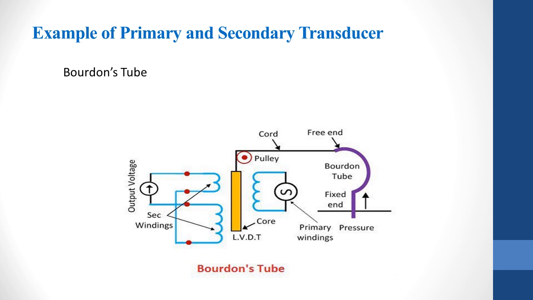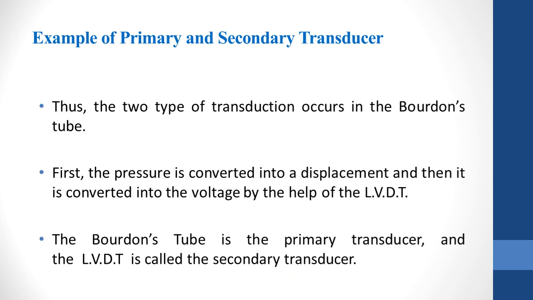So the core will alter the flux so we can get the electrical output on the secondary side of the LVDT. Thus, two types of transduction occur in the Bourdon tube. First, the pressure is converted into displacement and then it is converted into voltage with the help of the LVDT. The Bourdon tube is the primary transducer and the LVDT is called the secondary transducer.